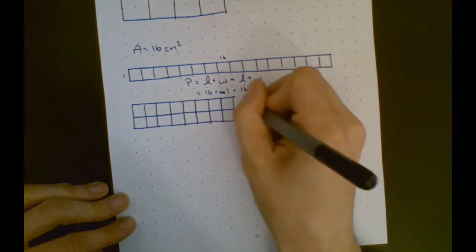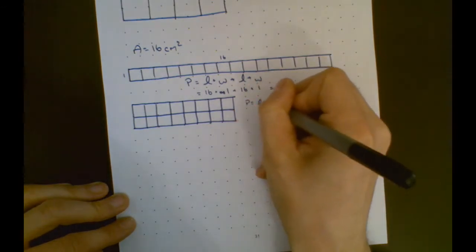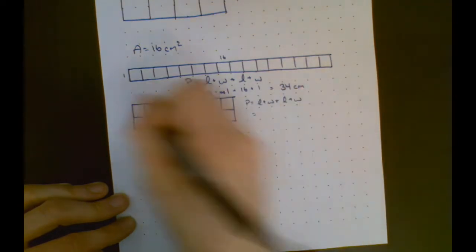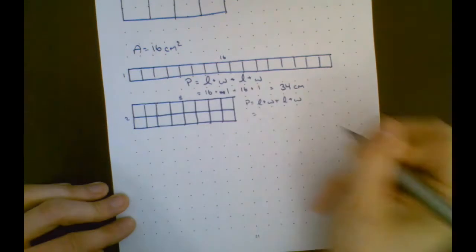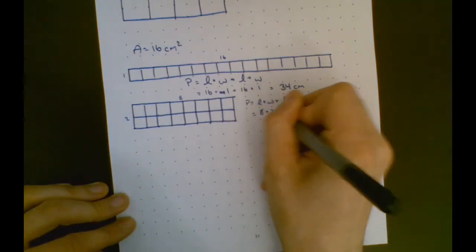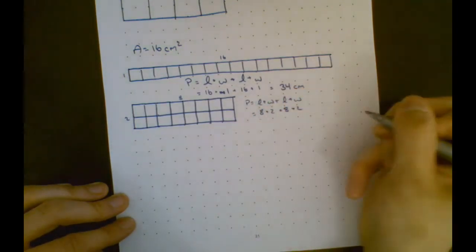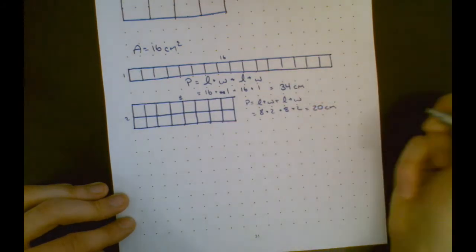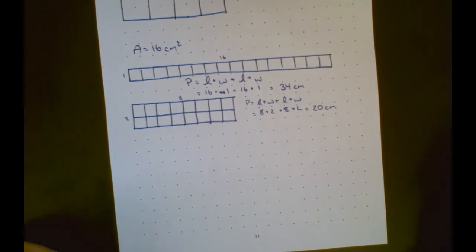Same thing for perimeter: length plus width plus length plus width. This side is 2 and this side is 8 if you counted it out. So 8 plus 2 plus 8 plus 2 is equal to 20 centimeters. Done.